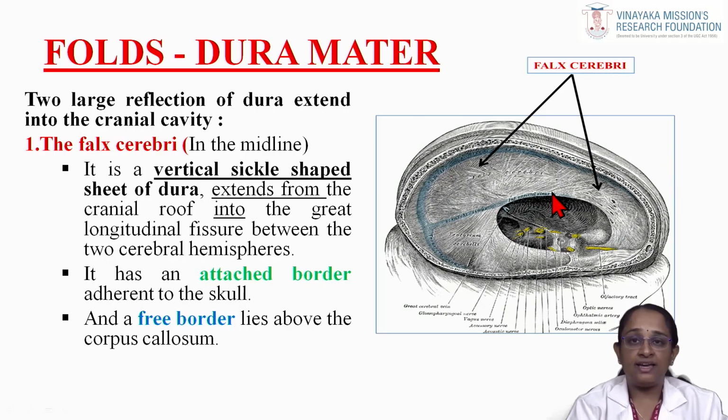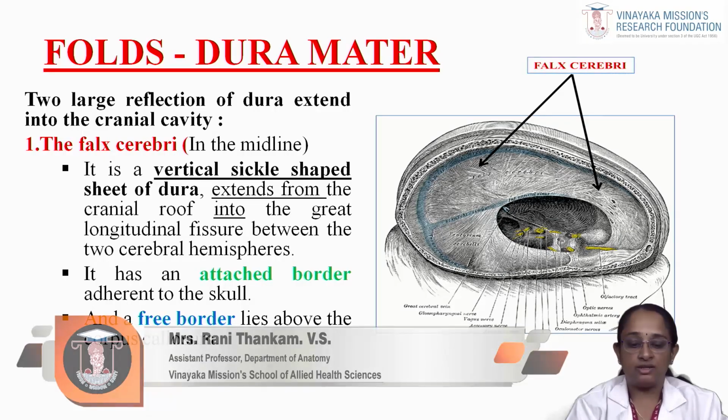So it lies between the cerebral hemispheres. What is there between the cerebral hemispheres? That is the median longitudinal fissure. So you can say the falx cerebri is the fold of the meningeal layer of dura mater which lies in the median longitudinal fissure and separates the two cerebral hemispheres.